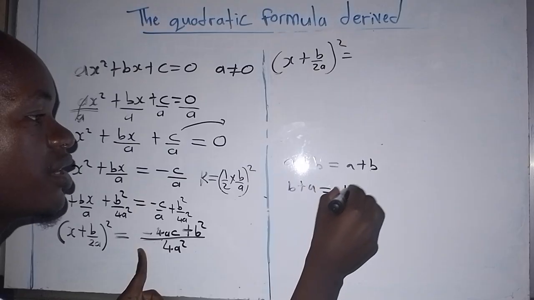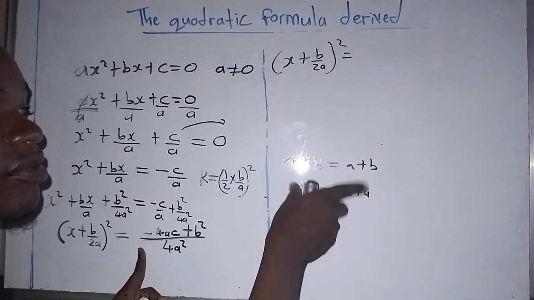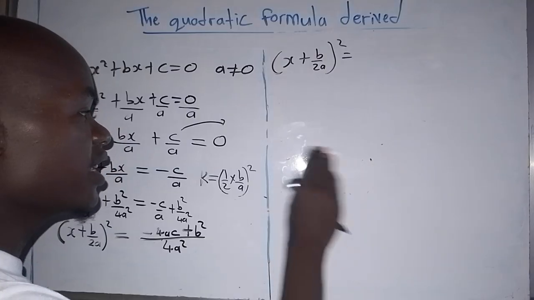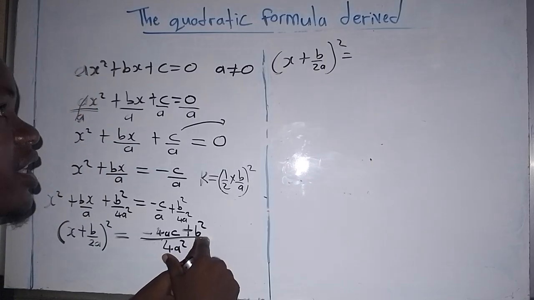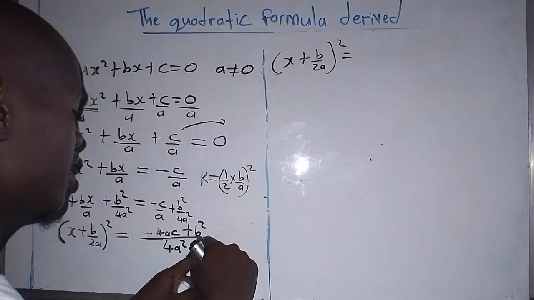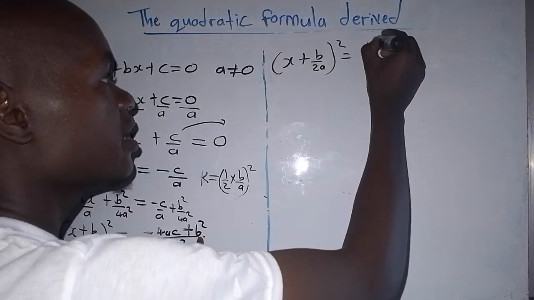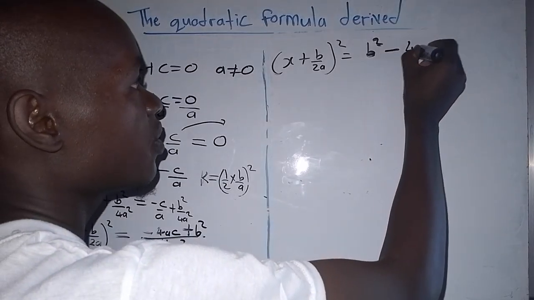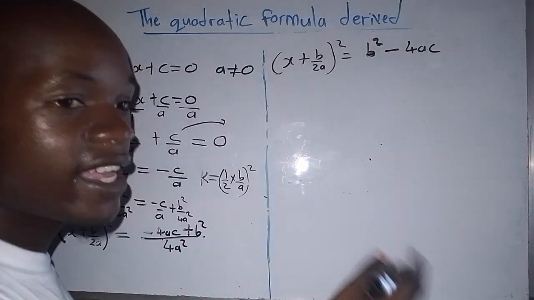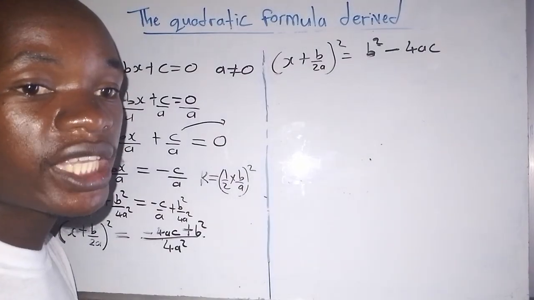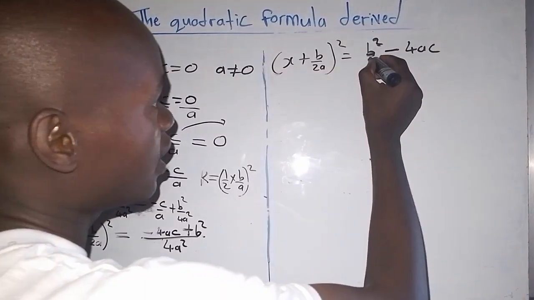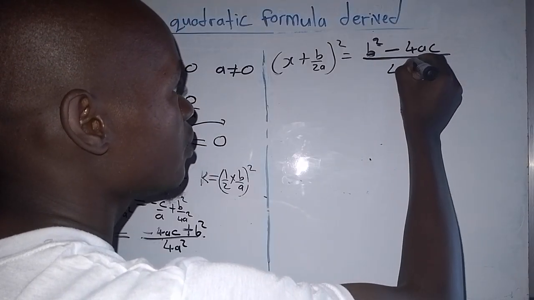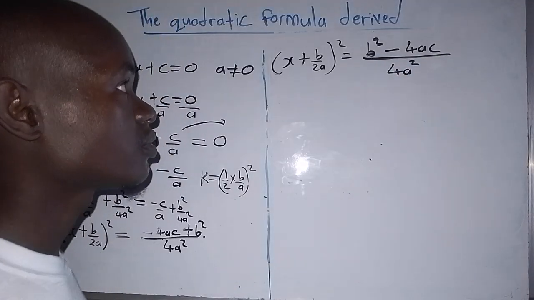I will still get the same answer. So I want to start with b: I'll have b squared, then negative 4ac. I've just rearranged using the commutative law. So from there, I have over 4a to the power 2.